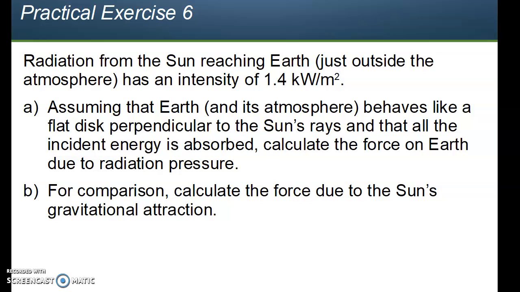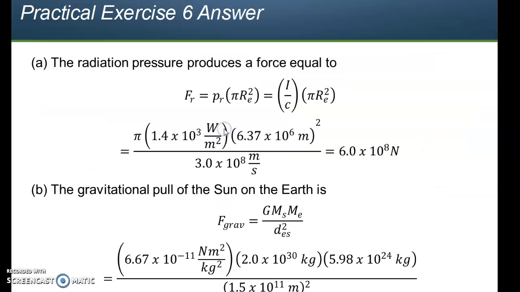So that would be the radiation force. So let's see how they work this out. And so yes, they have the force of the radiation is that pressure of the radiation times pi, the radius of the Earth squared, or I over C. So this pi is pulled out there.